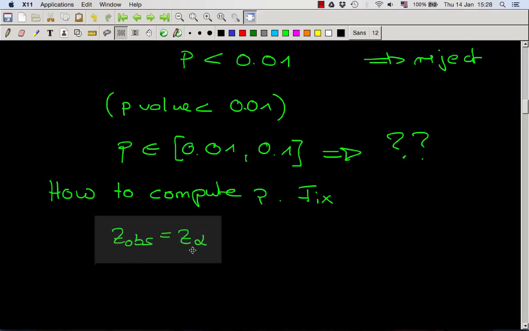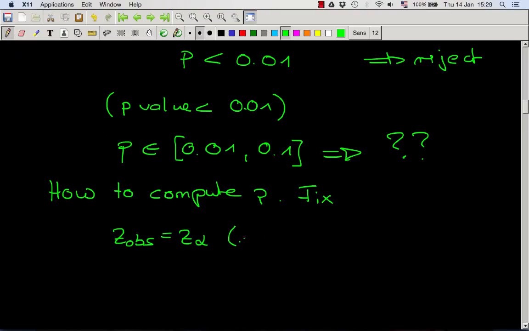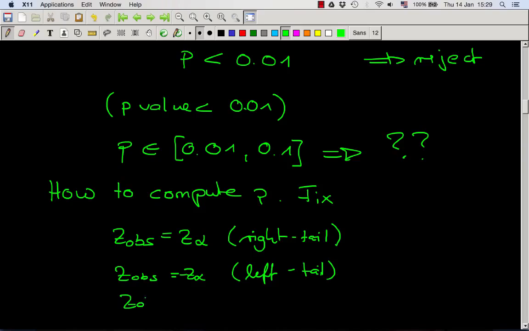Fix this, that's right tail, left tail, and that is two-sided.